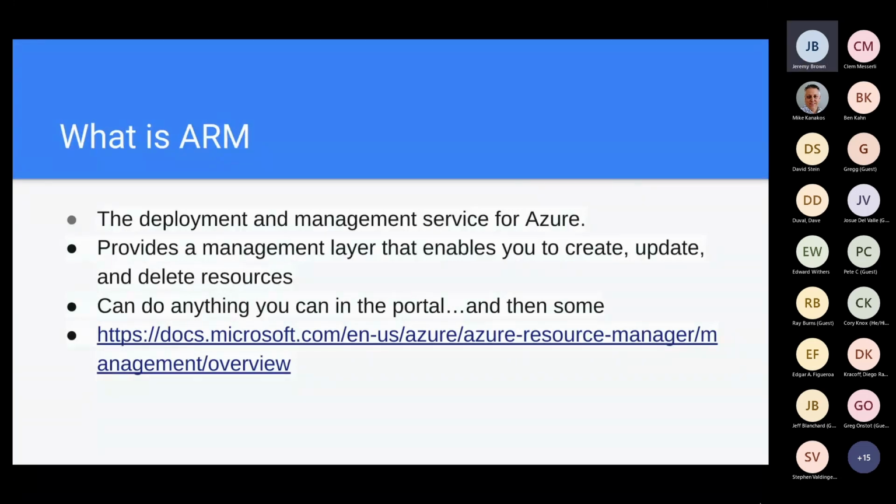An ARM template is a declaration, and what we're declaring is the end result. I don't care what it takes to get there. This is what I want. So we're going to codify the output. I expect a storage account configured this way, with all of these different settings. What it takes to make a storage account exist in Azure, that's on the ARM fabric to handle.